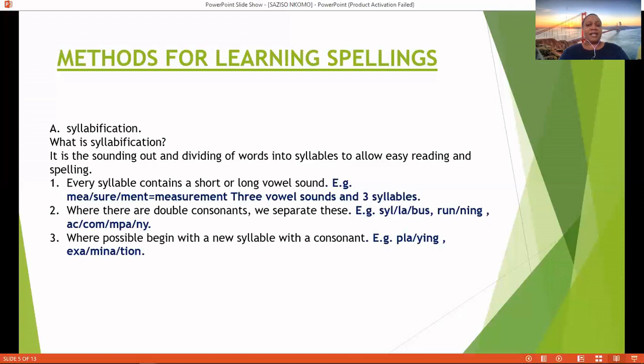For playing, the next syllable begins with the consonant Y. In examination, the first syllable begins with a vowel, of course, but then the second one begins with a consonant M, and the last one also begins with a consonant T. That is the first method which we are looking at for learning to spell, using syllabification.